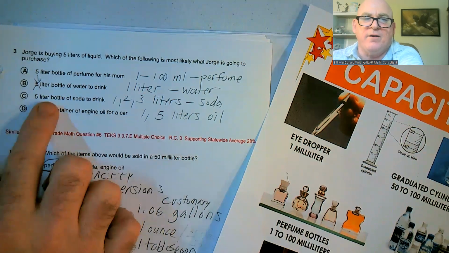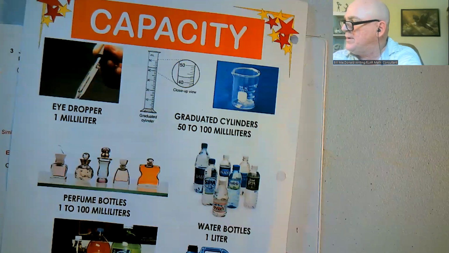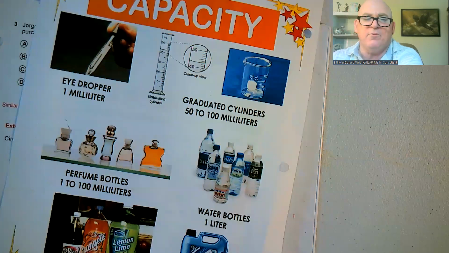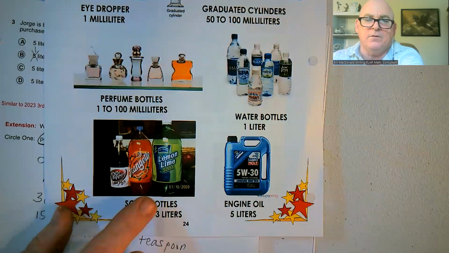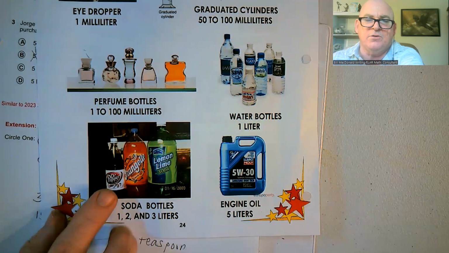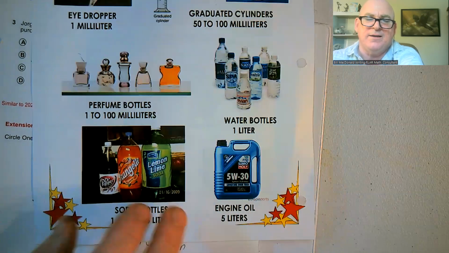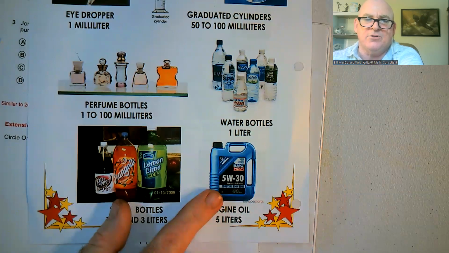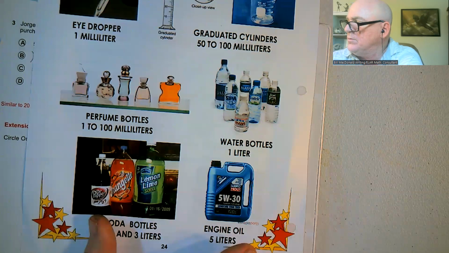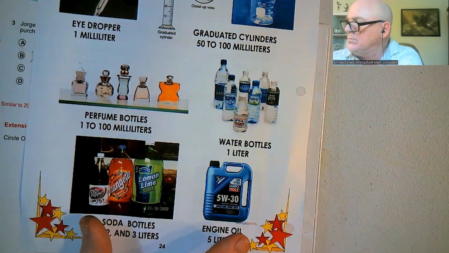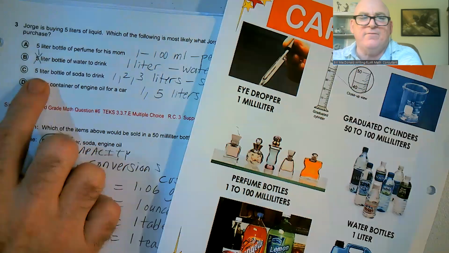A 5 liter bottle of soda. Well, it's close, but we remember when we saw the picture that most sodas are sold in 1, 2, and 3 liter bottles, and it's closer to a gallon that we would buy something in 5 liters.